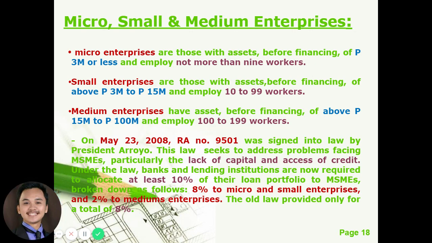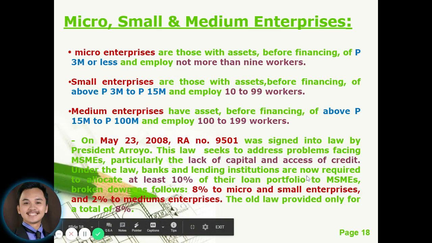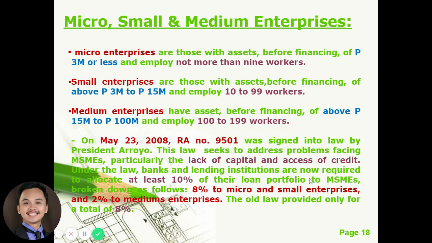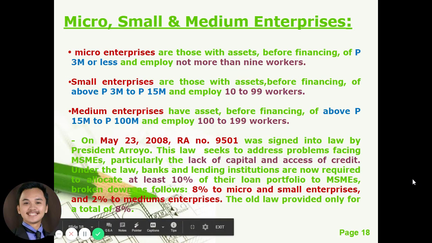The old law provided only for a total of 8%. So from 8% to 10%. Thanks to President Gloria Macapagal Arroyo, it creates opportunities for our micro, small, and medium enterprises to venture into more business because they will now have a source of finances to be used in the business.